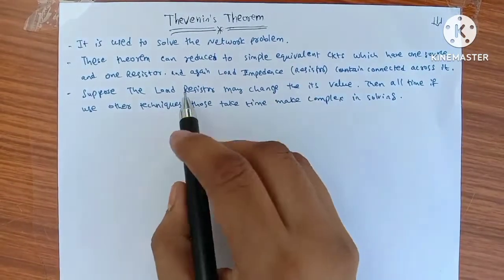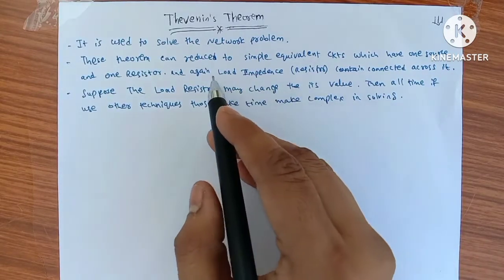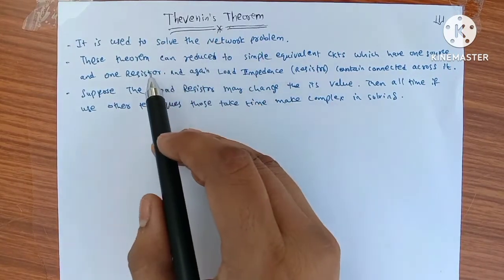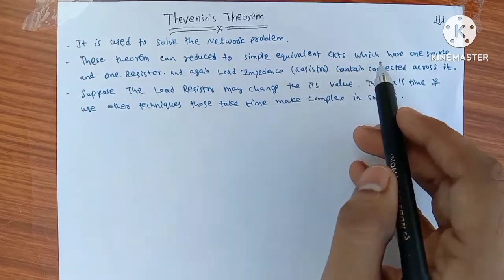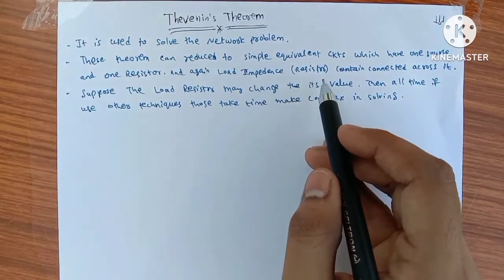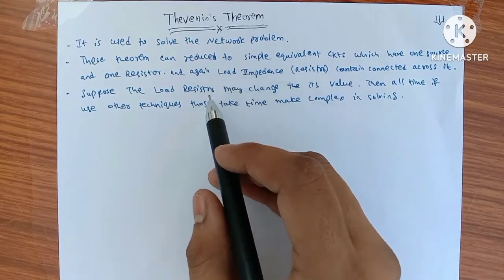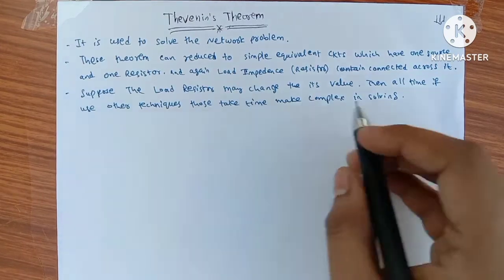So this load resistor may change its value. If you use this Thevenin's theorem, then it is simplified into one source and one resistor. If we change this load resistor also, that won't affect our solving.